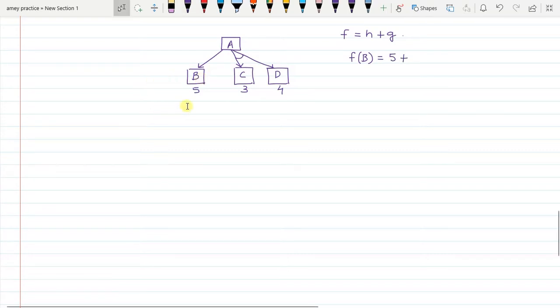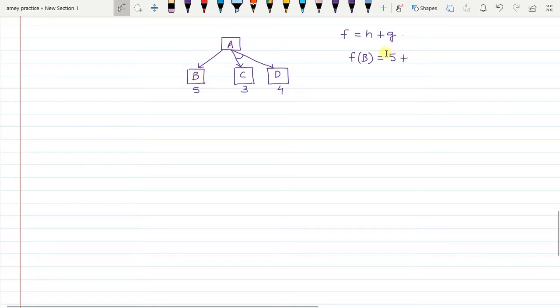Now please note that in A star, whenever we said g value, it is the actual cost incurred in moving from the initial state to the current state. In AO star algorithm, we are not going to consider the total cost incurred from the initial state to the current state. Rather, the g value of any node will comprise the cost incurred in moving from the immediate parent node to that current node, right?